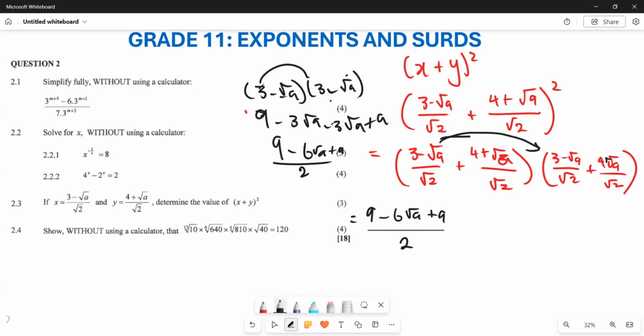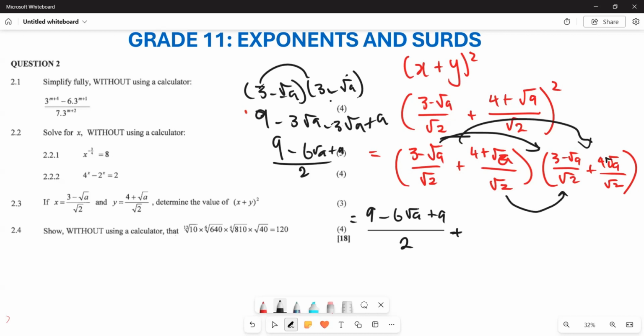What is it that you are going to have? The easier way you can simply write this, you can say this one and this one, what are you going to get? Let's not complicate this. Remember, when you say this 3 subtract root a over root 2 multiplied by this last one, it's the same as this multiplied by that.